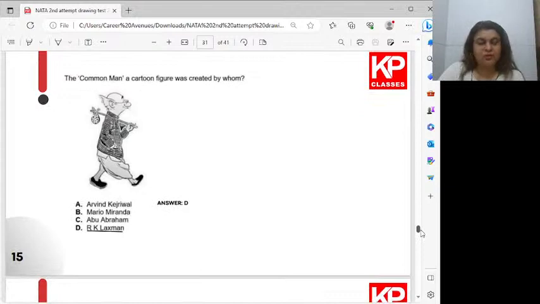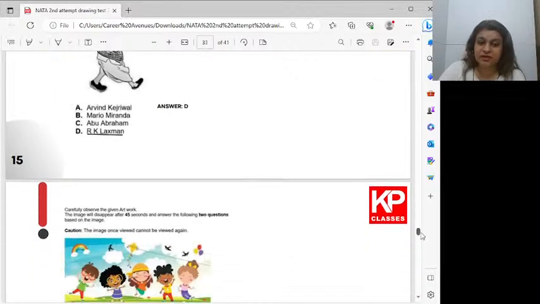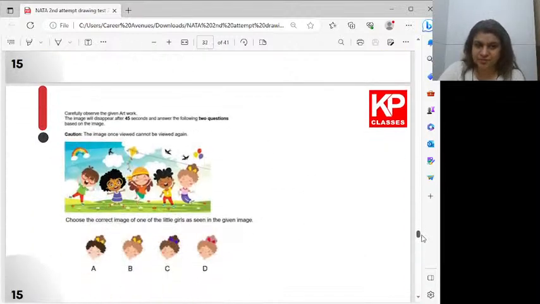He's no more right now, and he created this character of the common man, who was always presented in a very funny manner in a particular situation of day-to-day life. Through those cartoons, the cartoonist used to convey the present scenario of the common man in our country.